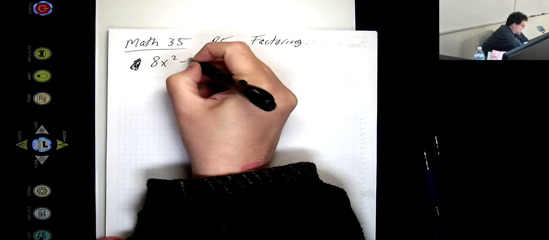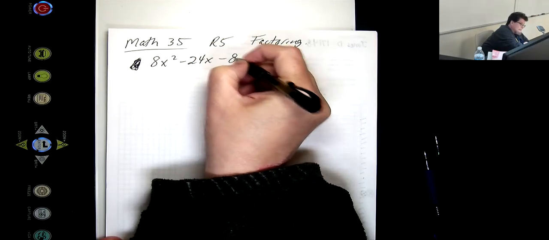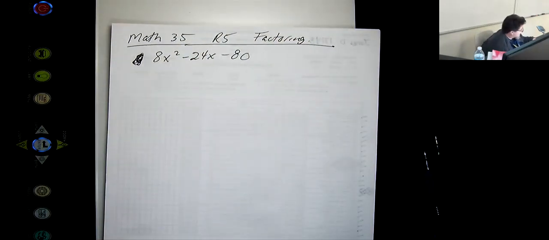8x squared minus 24x minus 80. As a reminder, we always want to look for a greatest common factor first. I can see right away, without doing any calculations whatsoever, that they are all even numbers, so I know it's at least divisible by 2.